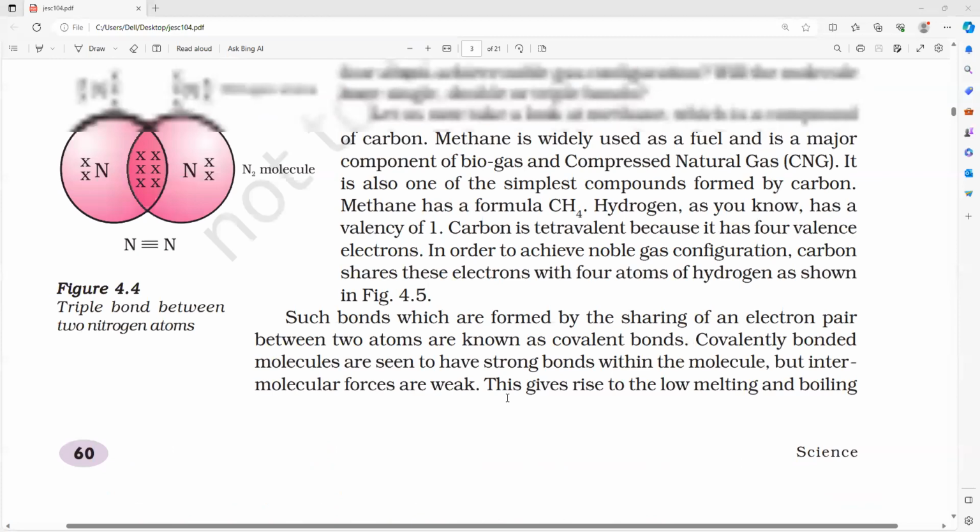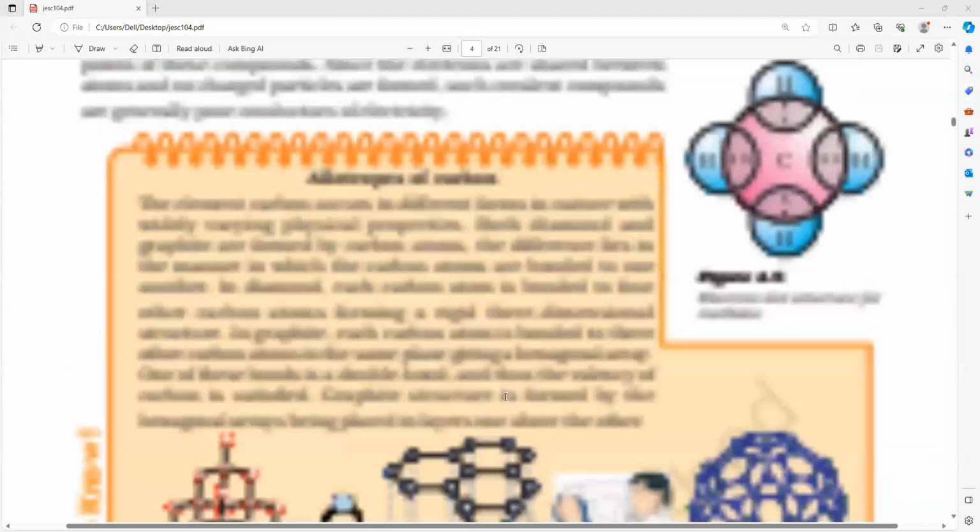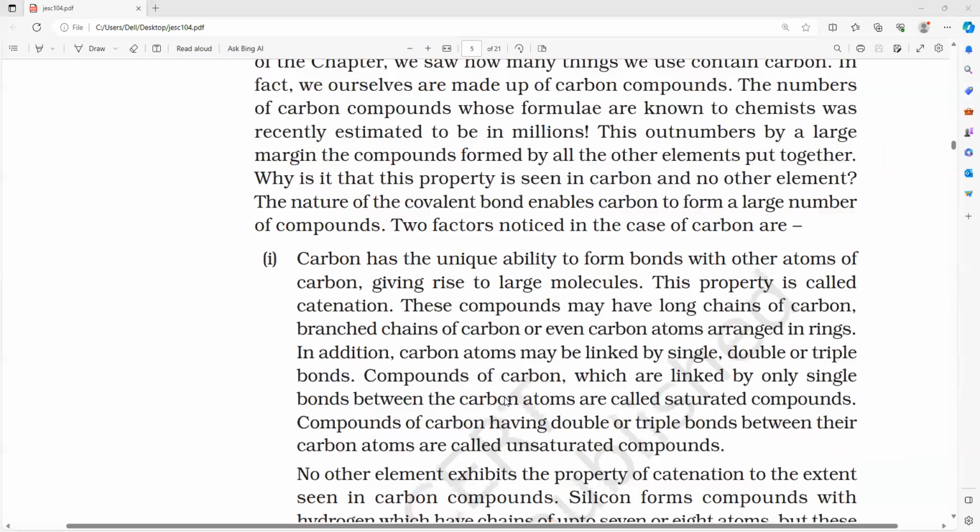And also, we studied yesterday the versatile nature of carbon. What is the first important property, everybody? Catenation. What is catenation? We can also call it self-linking. Am I right, everyone?